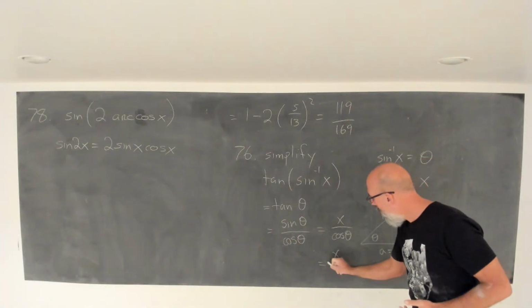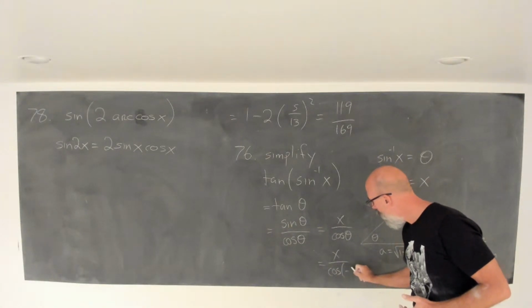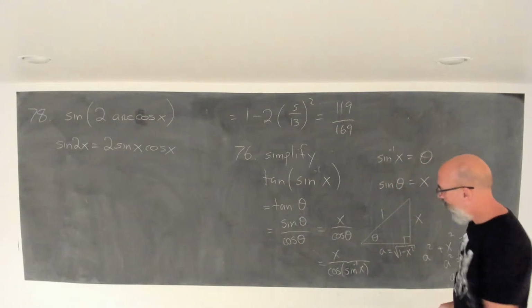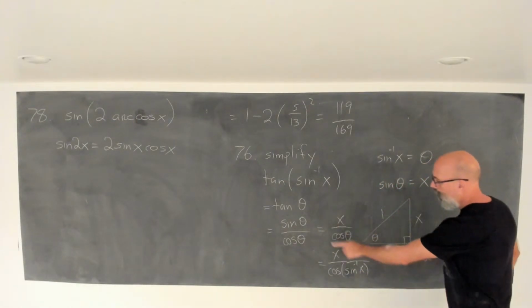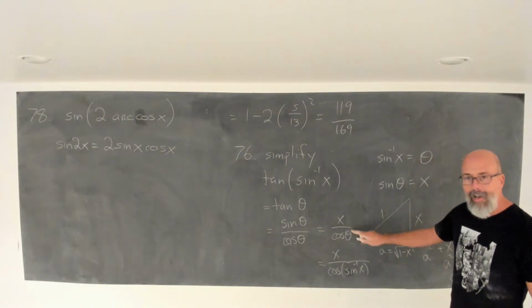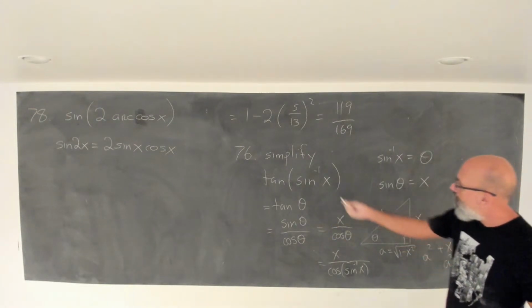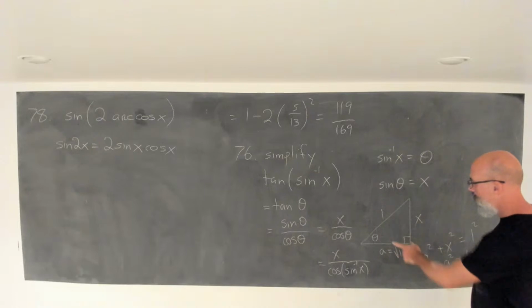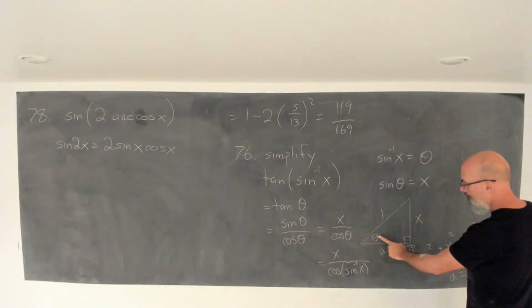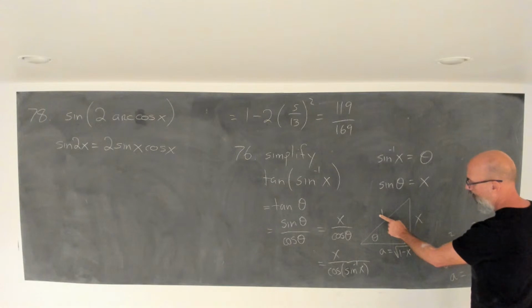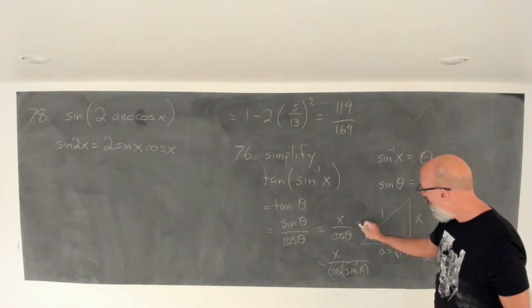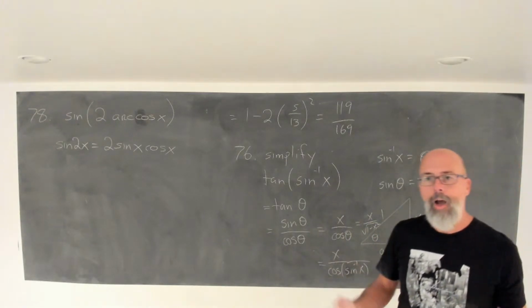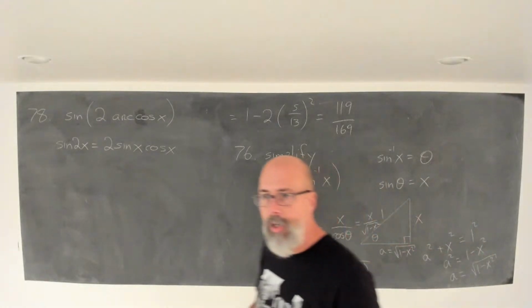So you still have x over cosine of arc sine x. Right? You still have to work this out. I mean, you cannot leave the answer as this. You don't want x's and thetas. You want everything in terms of x. So you'd have to figure out what cosine of theta is, but with the same triangle, cosine is opposite over hypotenuse, which is still x over square root of 1 minus x squared. So however you want to look at it, still the same thing.